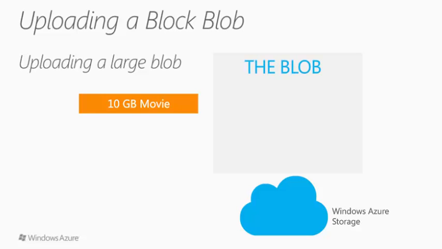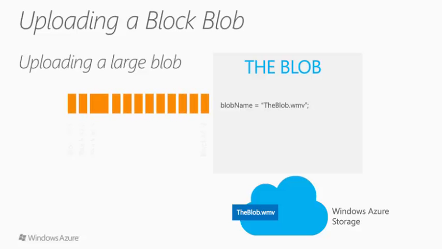What we need to do in this case is create a blob name. So basically for now we just said, okay, I will have this blob, and that's all. Then you need to split your file into some blocks. These blocks can have any size.